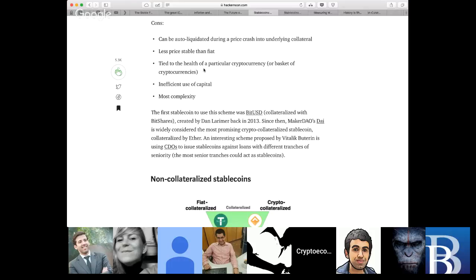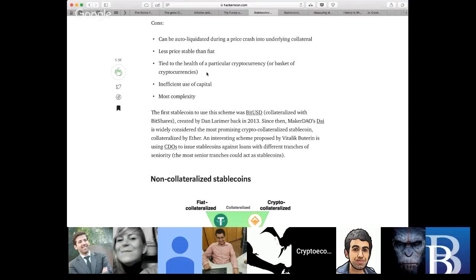Okay, so less stable than fiat, of course. Well, this is a matter of daily trading volume, obviously, but in general, it's less stable. It's more difficult to ensure stability. It can be tied to the health of a particular cryptocurrency, so it really depends on the basket of cryptocurrencies that is used.